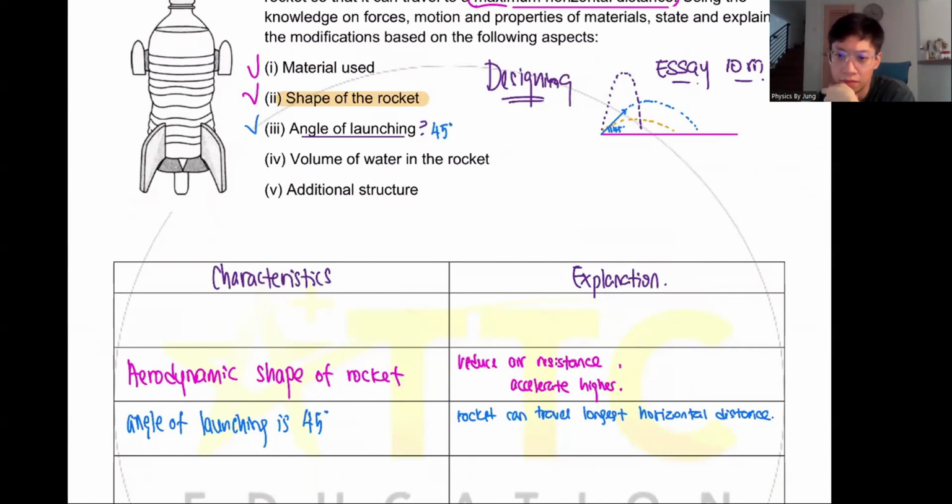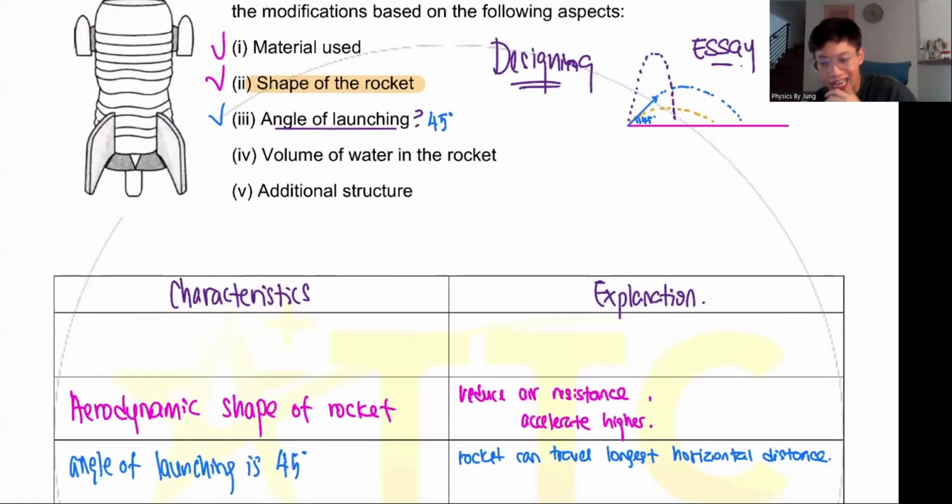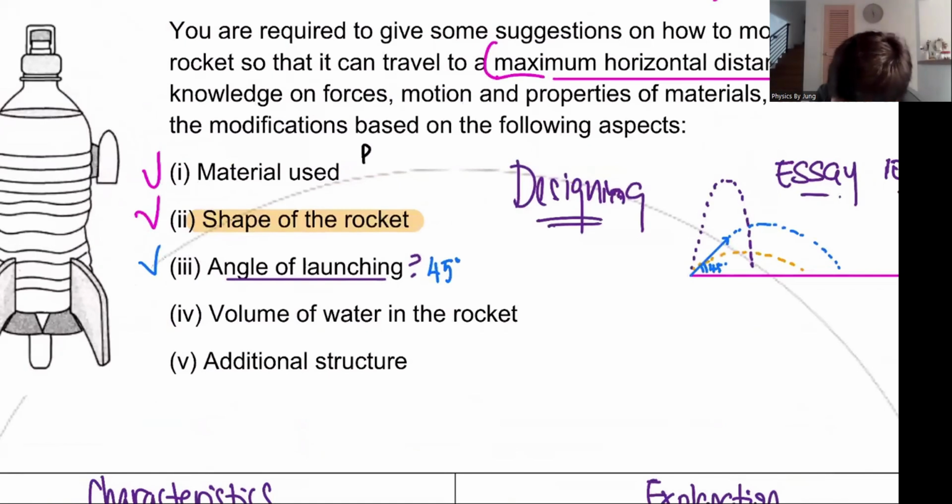Jai Yi? Okay, I give you a choice. Should I write plastic, should I name the material, or should I write the characteristic of the material?